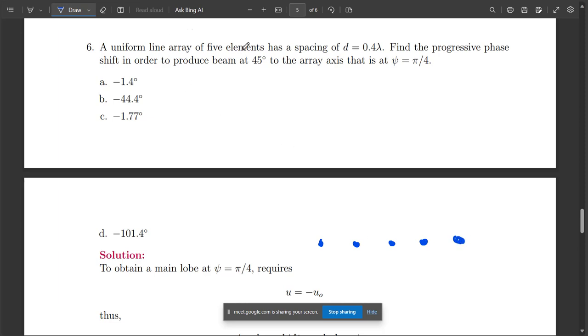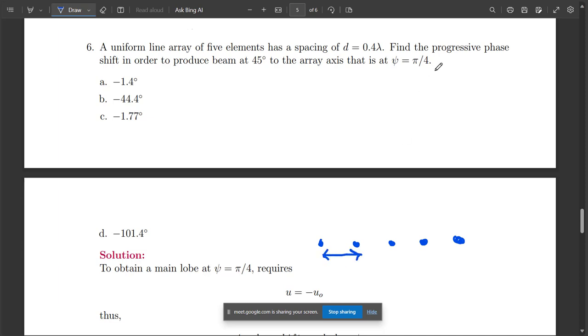A uniform linear array of 5 elements has a spacing of d equals 0.4 lambda. Find the phase shift in order to produce a beam at 45 degrees to the array axis, that is at psi equals pi by 4. So 5 elements are given, and spacing is 0.4 lambda.